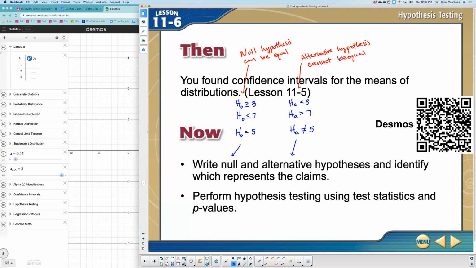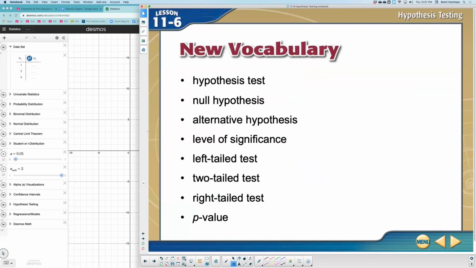So there are some rules: the null is represented by H0, and the alternative is HA.